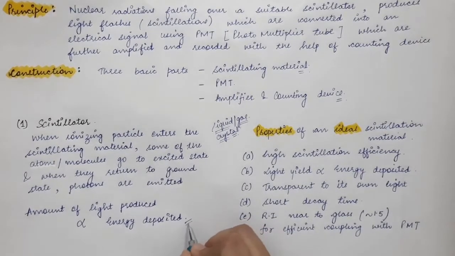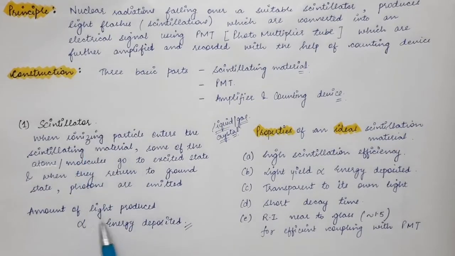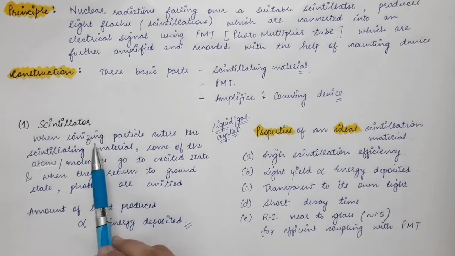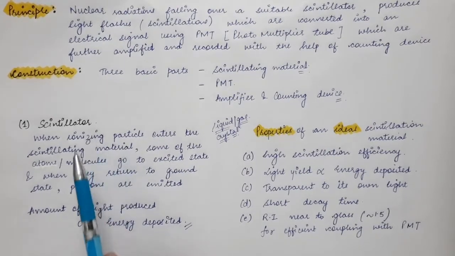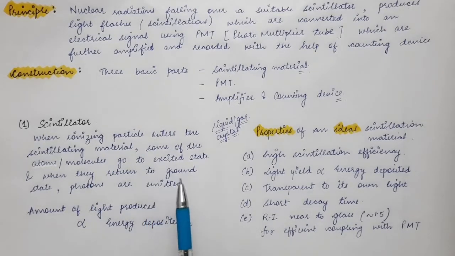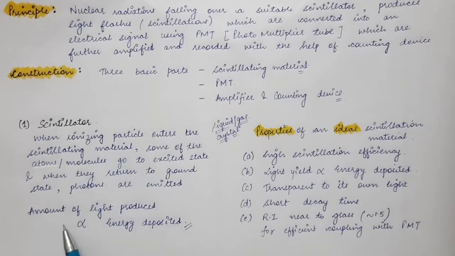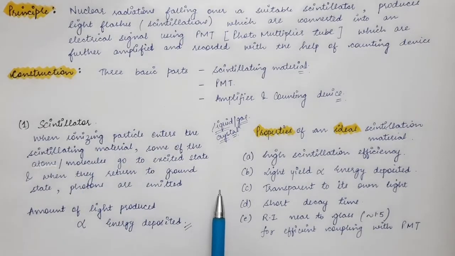This is a very important concept: the number of light flashes produced is directly proportional to the energy deposited by the incoming particle. The more energy this particle deposits in the scintillator, the more light will be produced. It's obvious that if more energy is transferred by the incoming particle, the intensity of the light produced by the scintillator will be greater.